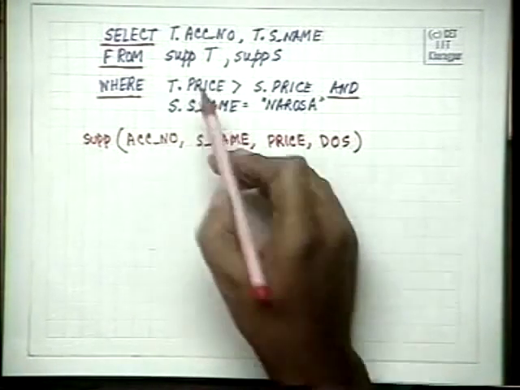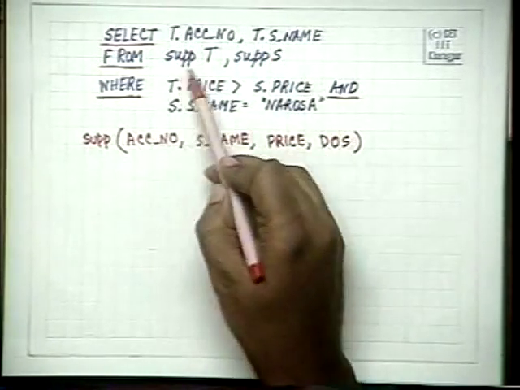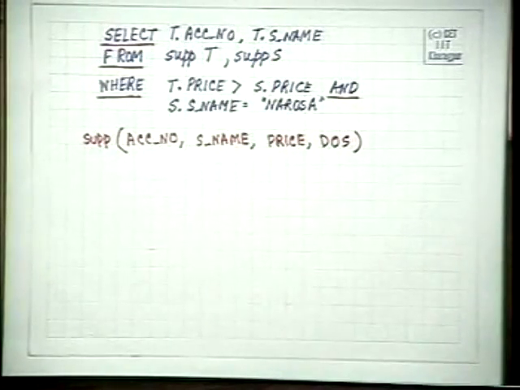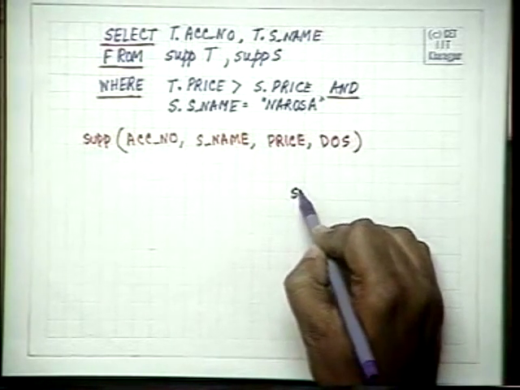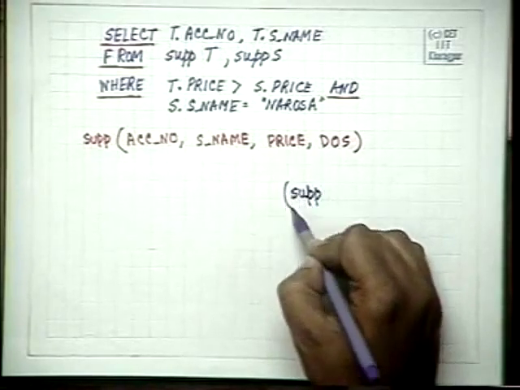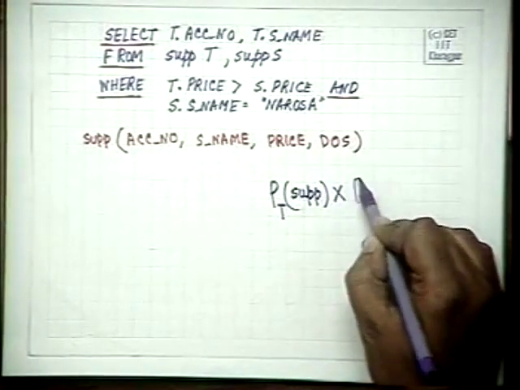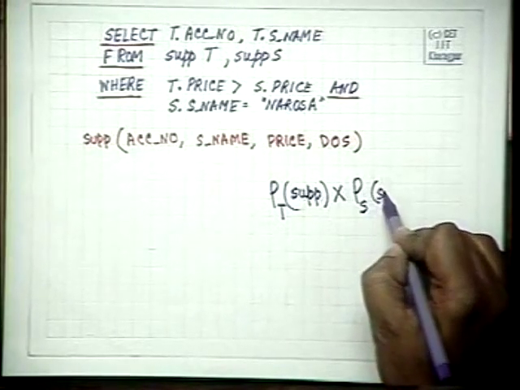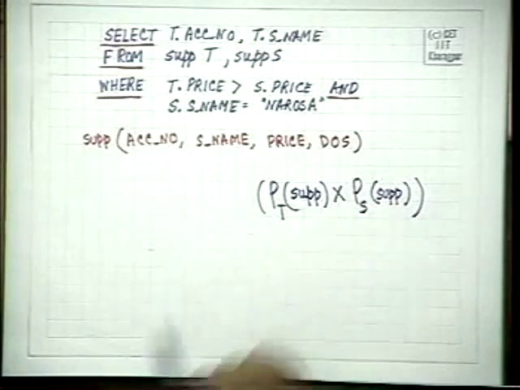Now we are doing T.accession number, T.S name from sub T, sub S. So anyway we are doing sub, we rename it as T, cross, we rename it as S. This is the first thing that we do.